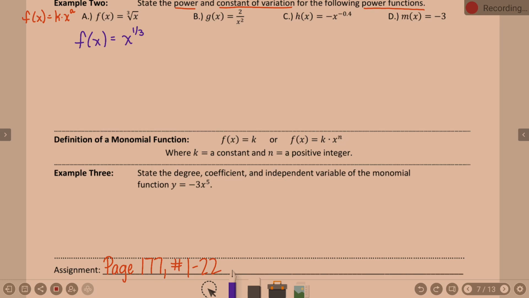With that in mind, what is my power? My power is 1/3. I'm going to use a for the power because I don't want to keep writing the word power every time. A is 1/3. Or you can write power. In the homework answer key, I just wrote power every time. I typed it actually.